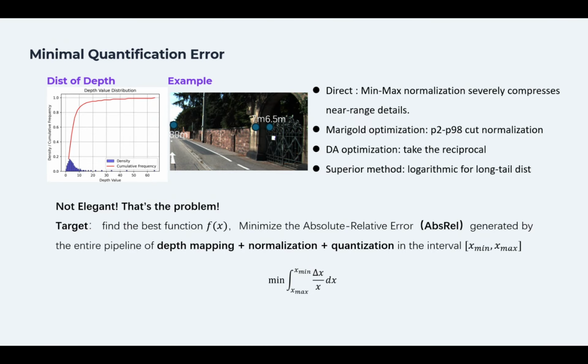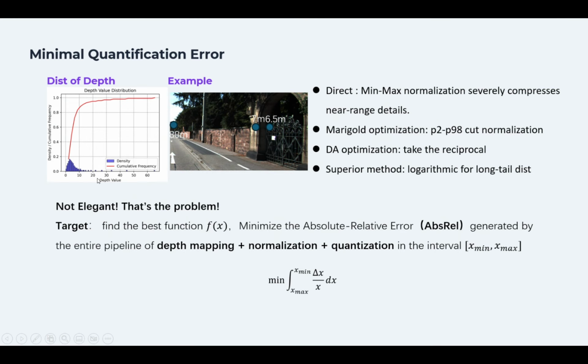And there is a problem: we do relative depth estimation, because the depth in the real world is absolute metric, but relative depth is within -1 to 1. So we have to pre-process it. There are different ways to do this transformation, such as direct min-max, but it severely compresses near-range details, due to the long-tail distribution.